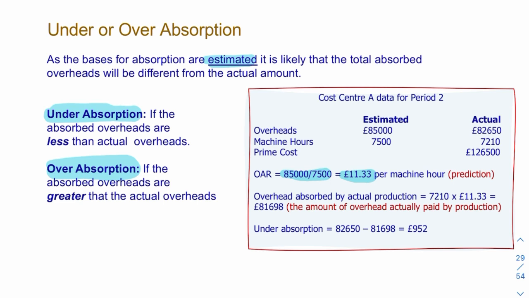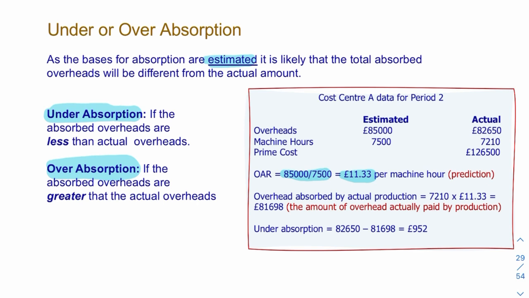Now, over the course of the year, many things can happen. It could be that your overheads are not what you expected. So you have a lower overhead, but it could, for many different reasons, be that you don't operate the machine for as many hours. So when you divide the two, you won't get the same number. So if you were to use your £11.33, but then use the existing machine hours, you would end up with a shortfall.